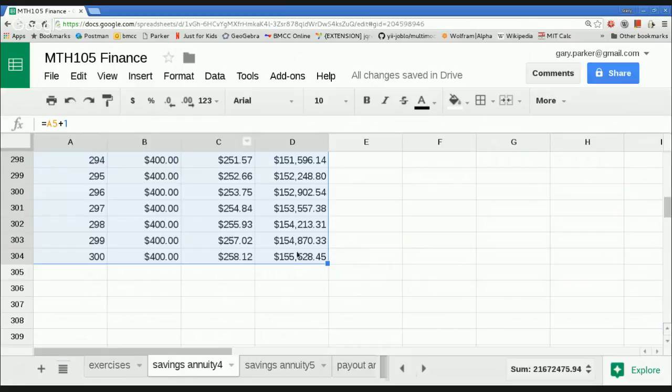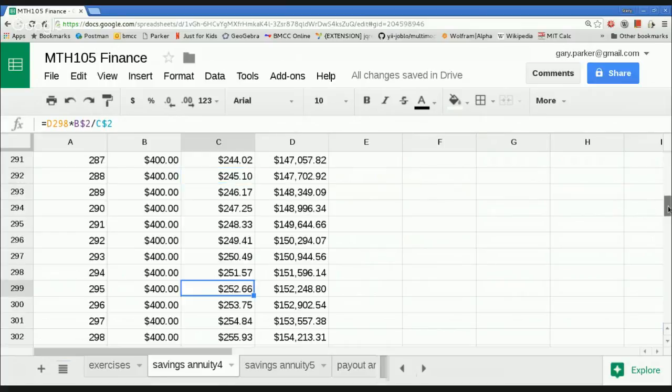So what the spreadsheet tells me is that if I pay $400 a month and my interest calculation is based on that 2% over once each 12 months, that I'll have $155,528.45.